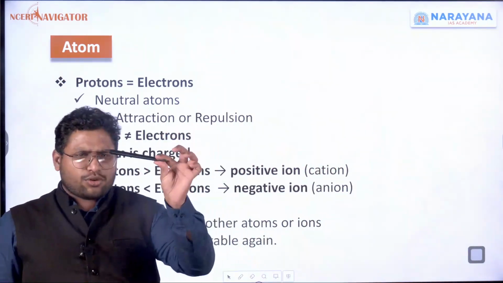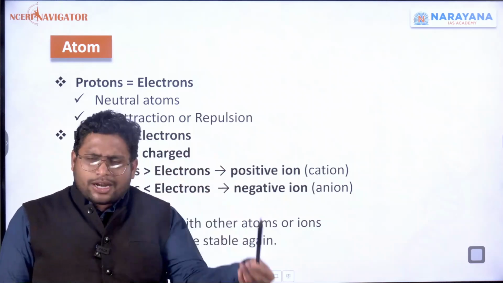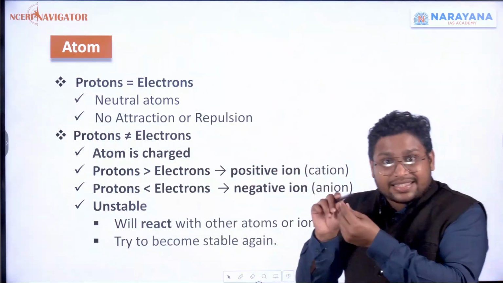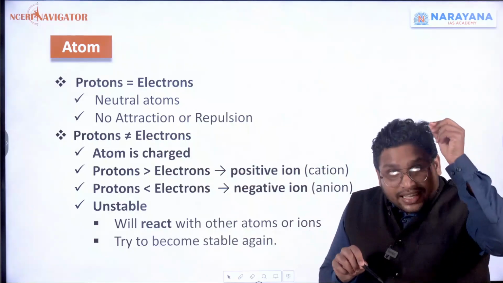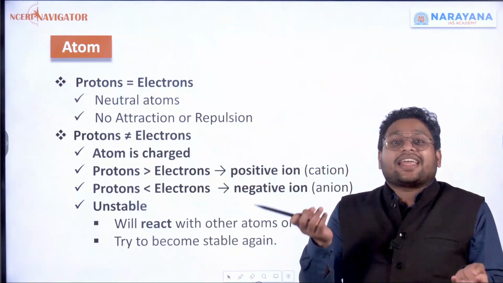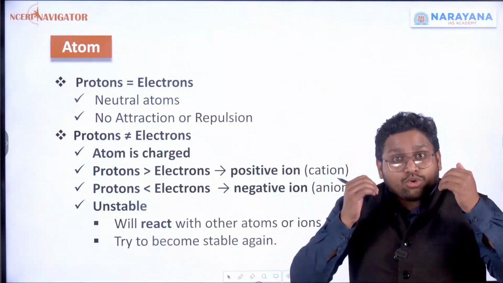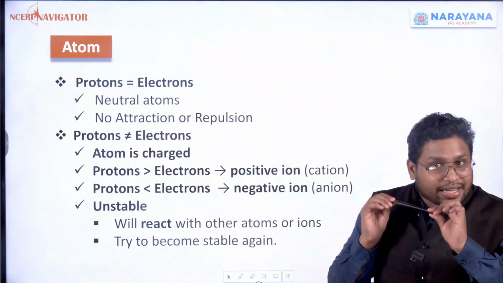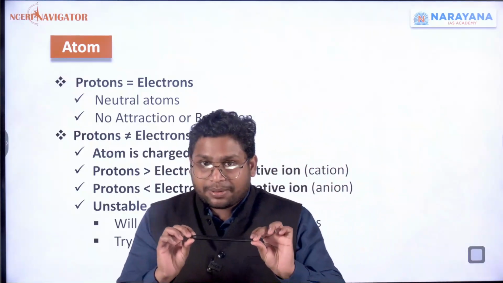If you're looking at this pen, it is made up of matter. If you check the atom inside it, whatever number of protons and electrons are there, they are equal, and there is no charge. That's why this atom is not having any charge. It is very, very stable.